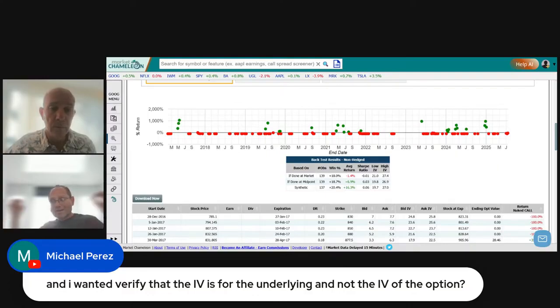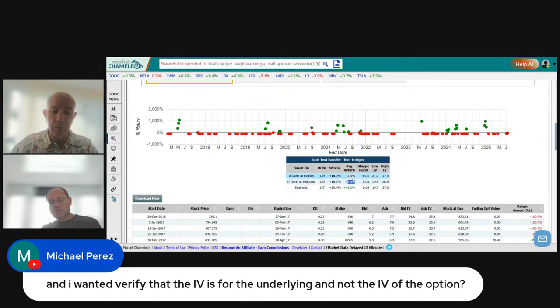If you got better quality executions, let's say you were able to actually get the midpoint each time, all of a sudden this strategy was profitable. If you were forced to get the worst execution at that moment by getting the ask price, it was a negative 1.4% return.